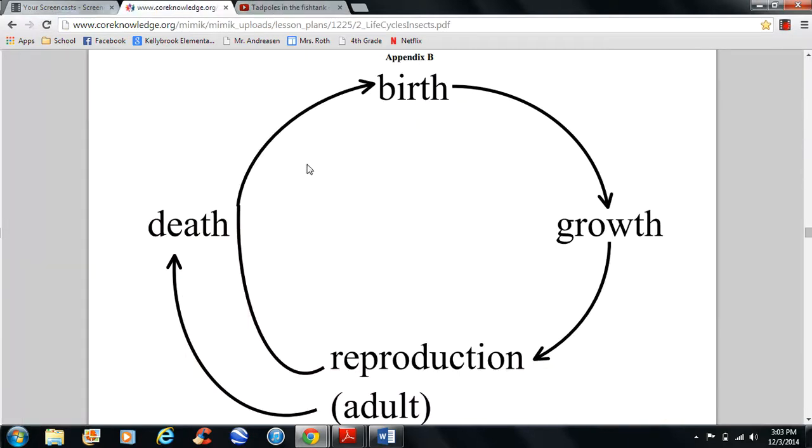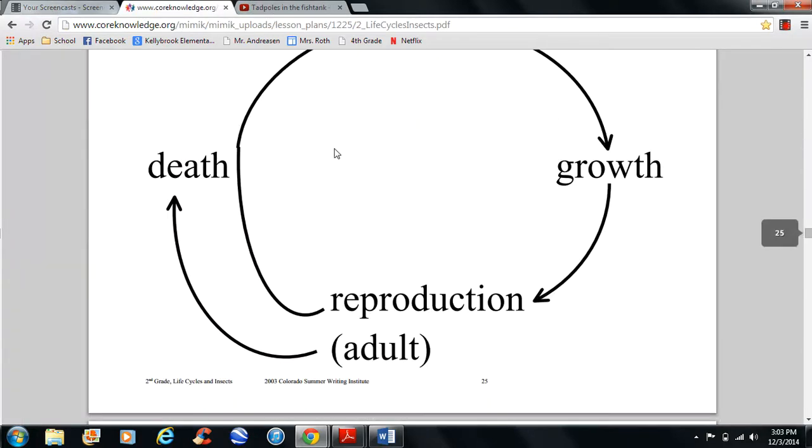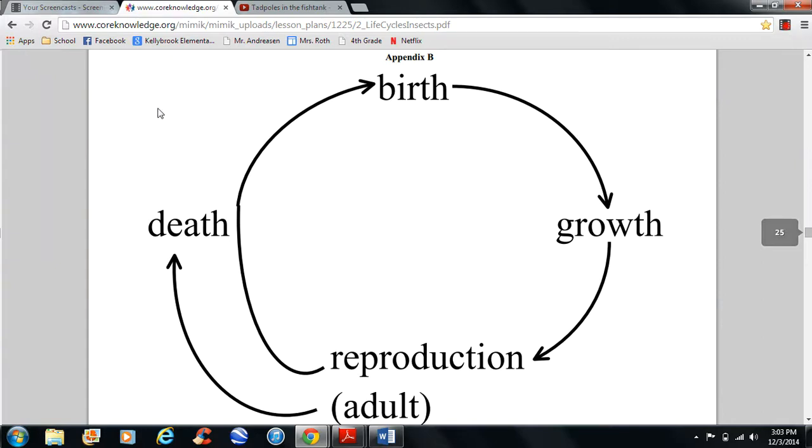Okay, as we have learned before in our previous lesson, we started learning about the life cycle that all animals go through. It is a repeating process that has no beginning and no end. Remember how I told you to think about the life cycle as a wheel, and I showed you a wagon wheel.